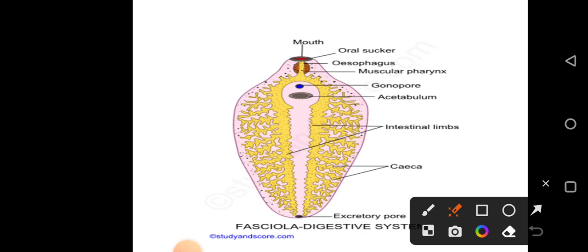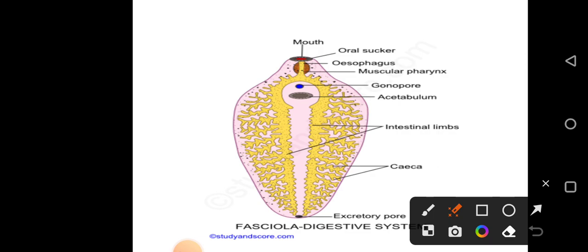The pharynx and esophagus are internally lined with cuticle and the intestine is lined by endodermal columnar cells. The caecal epithelium has secretory gland cells and liver fluke feeds on tissue elements and exudates including bile, blood and lymph.